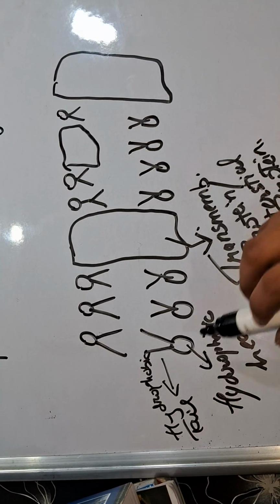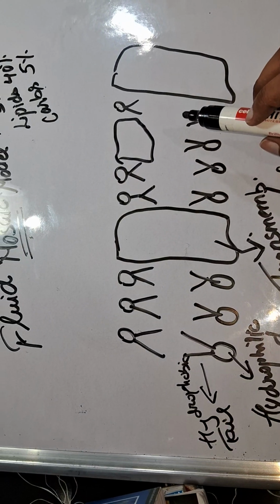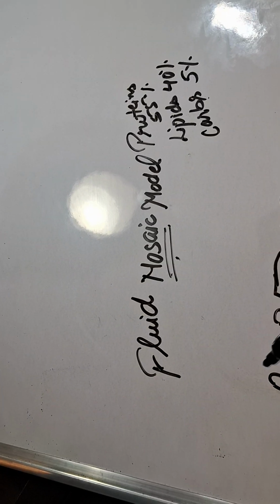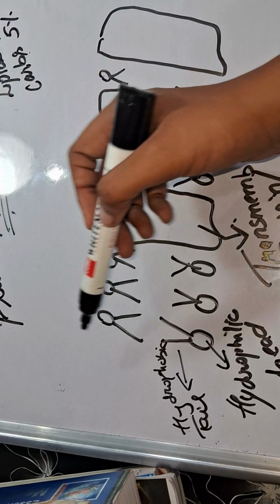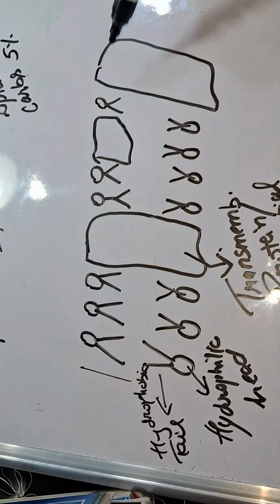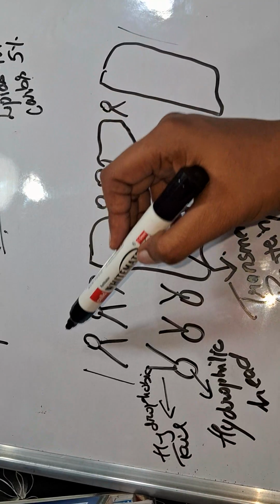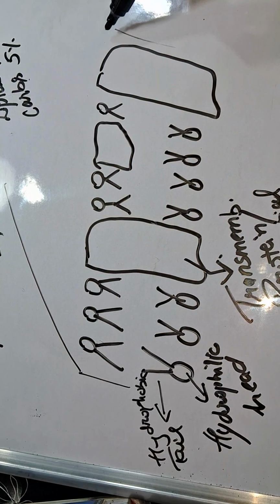These both are proteins. This is lipid bilayer arrangement, and this is the central layer. And its geometry is like this.